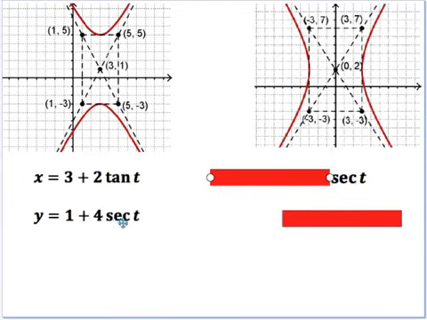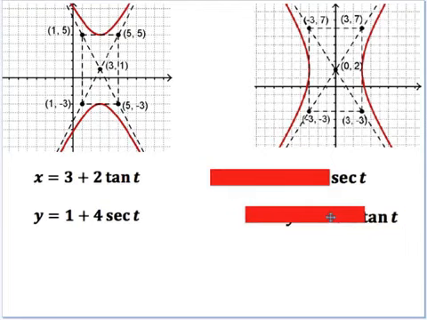So notice over here it's in the y formula, and the tangent is in the x formula. Well, that's because this hyperbola is going up and down. But in these equations over here, your secant is in the x formula and tangent is in the y formula, because our hyperbolas are opening to the left and to the right. I'll explain a little bit more about that in a minute.